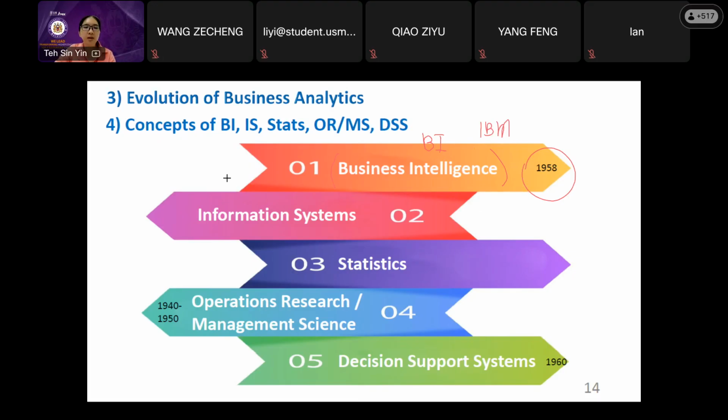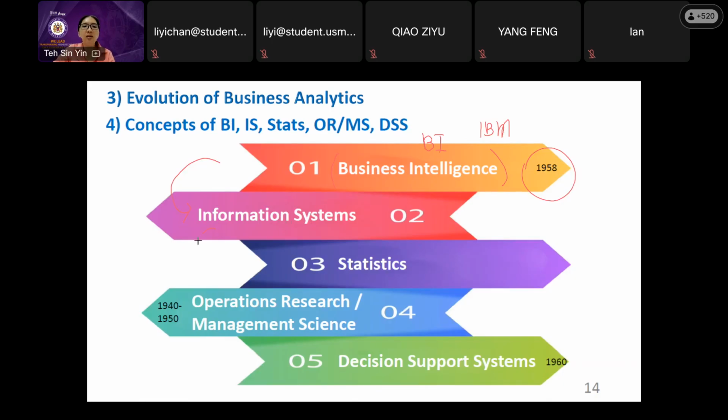After some time, it evolved into a more modern discipline that we call information systems. You know why we can have information systems from the traditional way? Because we started to have computers, and more established systems that can support the business. So it evolved to become information systems.